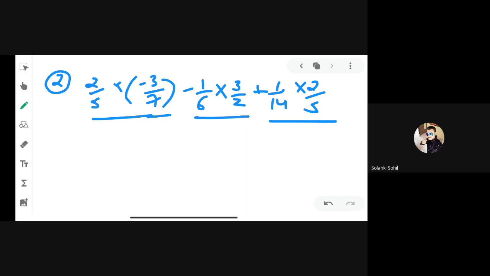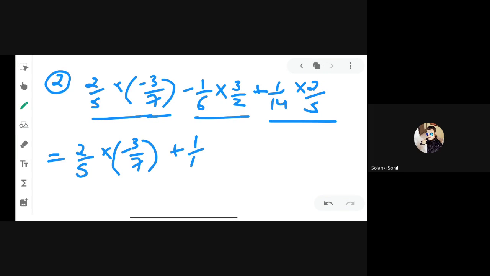You can see in the first and third terms 2 by 5 is common. So we can use the distributive property. Yes or no? Yes, sir. But before using the distributive property, first we use the commutativity property to change the position of the terms, right? So we change the position of the second and third terms. You can see the first term as it is.